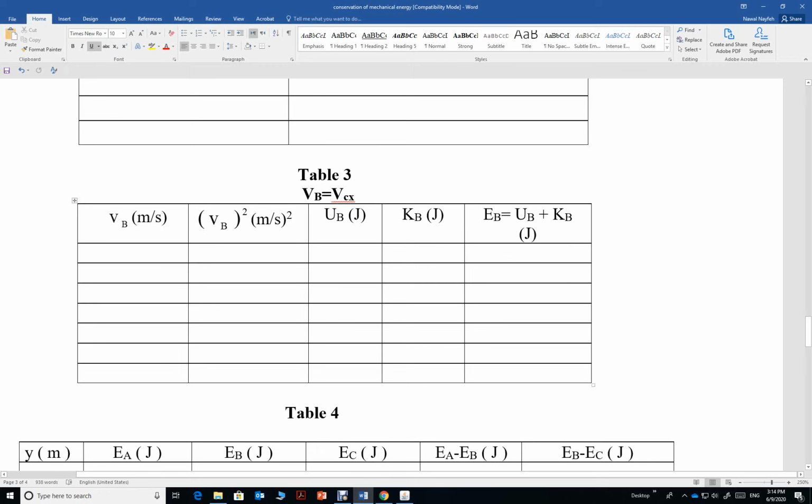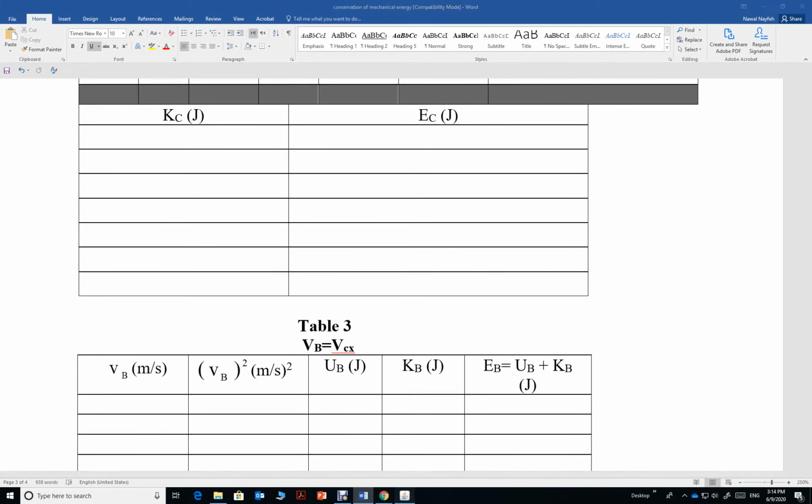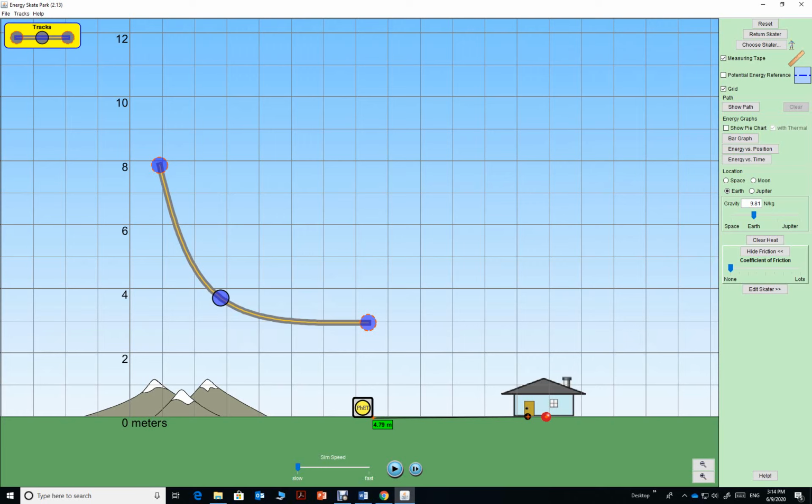Then find VB squared. Once you determine VB squared, KB is half m VB squared. UB is mgh. H you have it, in the simulation here H is 3. See, this is the 0 energy level, 1, 2, 3 meter.